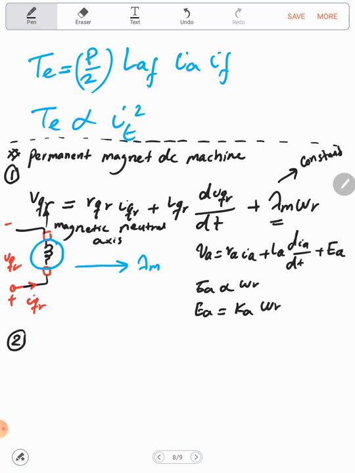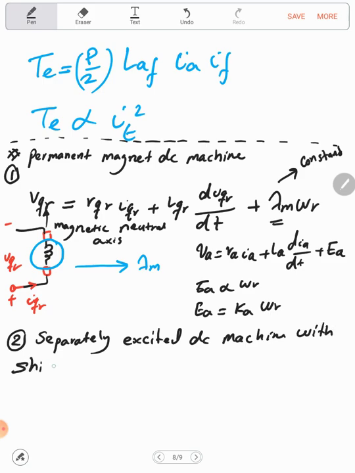This will be the separately excited DC machine with shifted brushes.